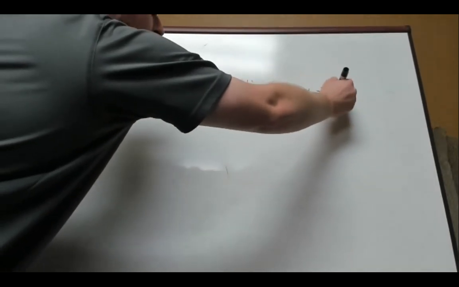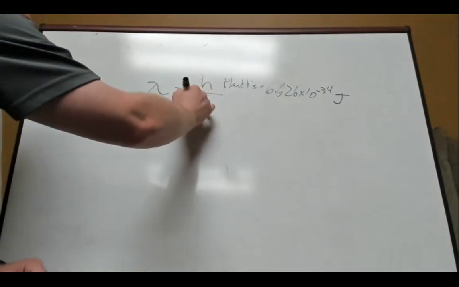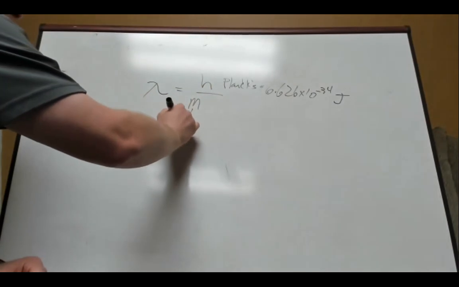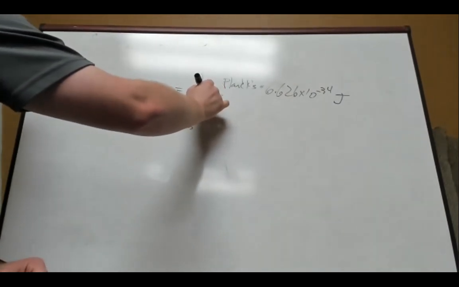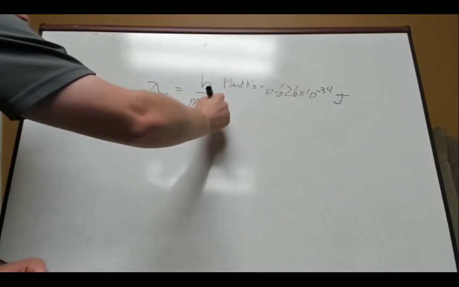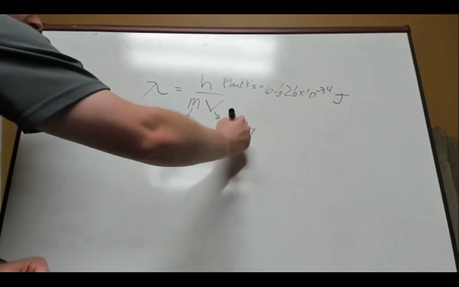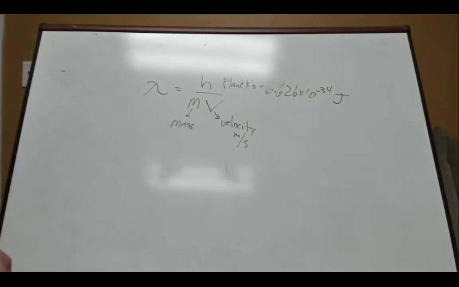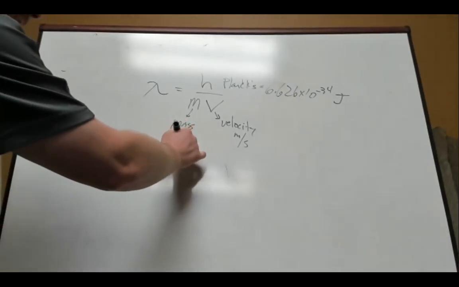I'm going to write it in joules for now, divided by mass times velocity. Velocity is in meters per second, and I'll show you why in a minute. This mass is actually in kilograms.